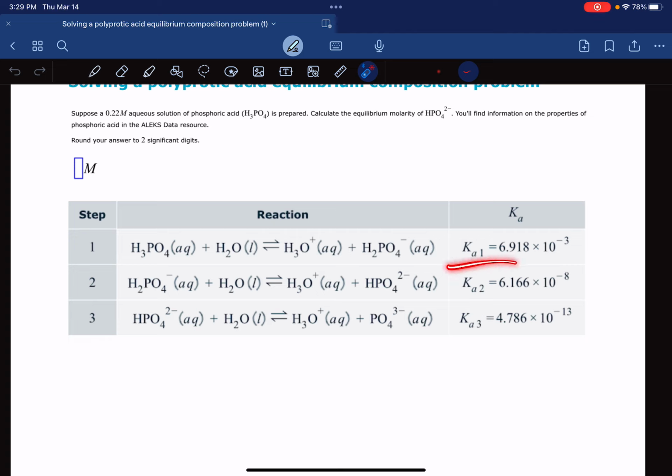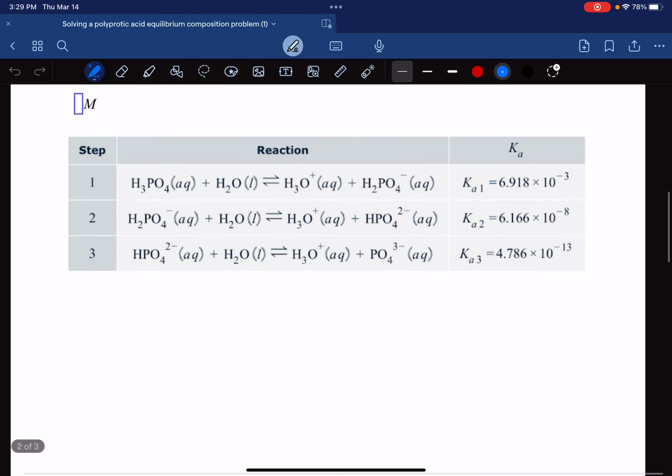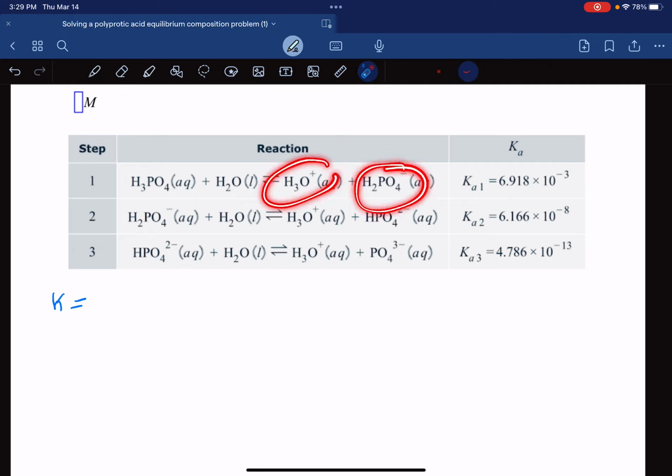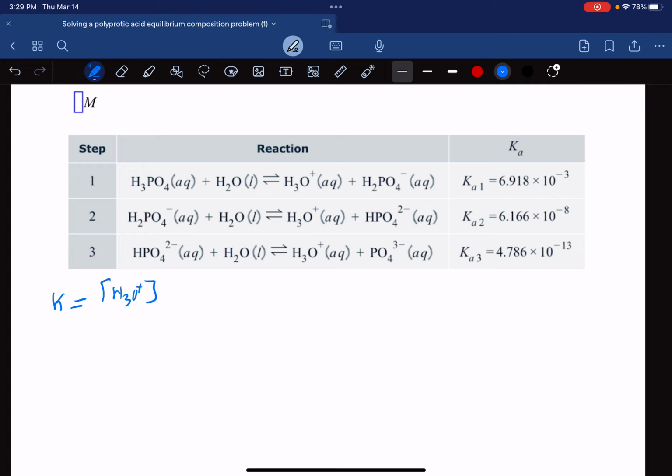Again, we know what our Ka value is. We can write an equilibrium expression, or law of mass action, from that. And if we did that, we'd end up with K is equal to, remember, the products raised to their coefficients all over the reactants. So we're going to go H3O plus times H2PO4 minus.